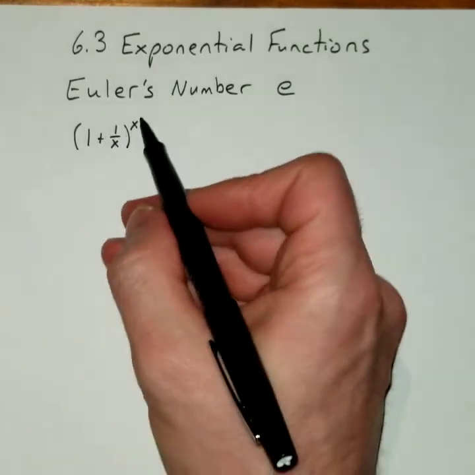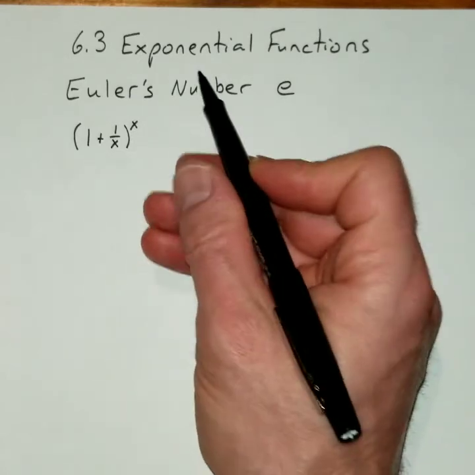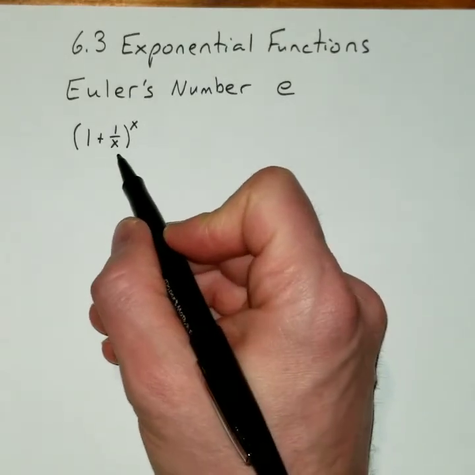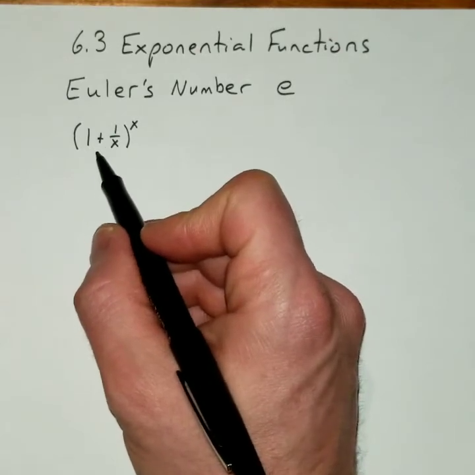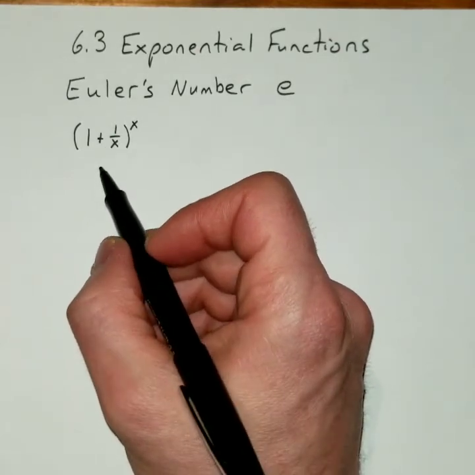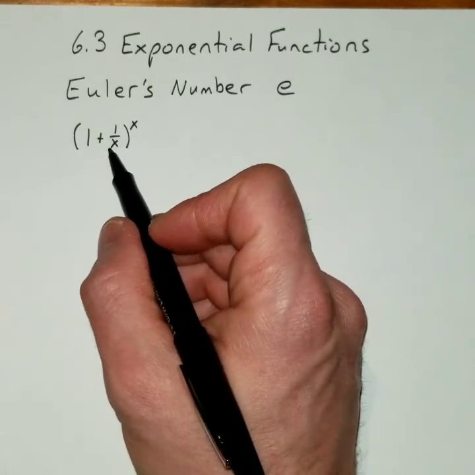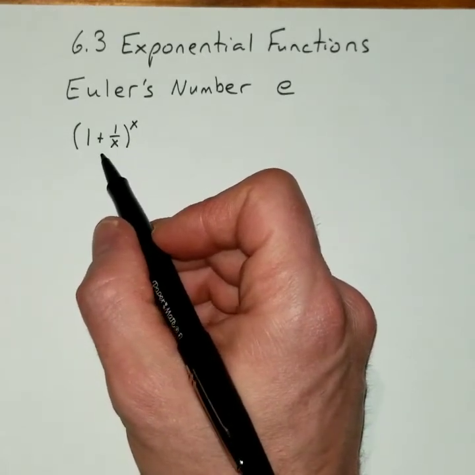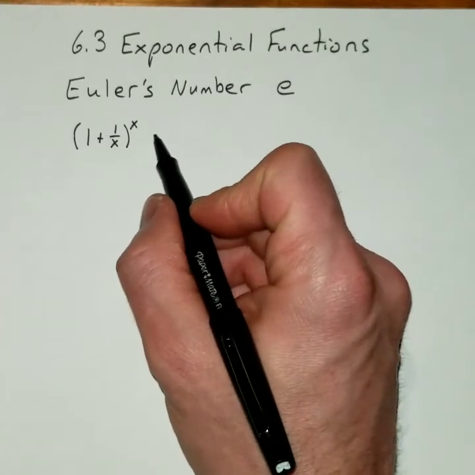Now this function has a variable in the exponent, so it looks like an exponential function. But it also has a variable in the base, and the base is this complicated expression here. And so it's kind of like an exponential function, but kind of not.